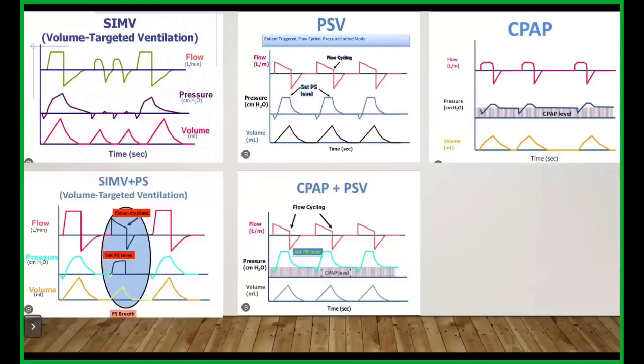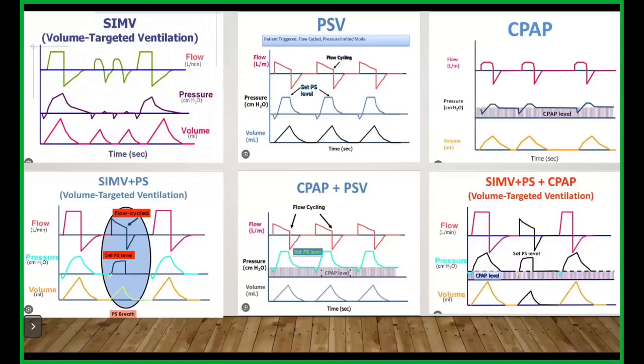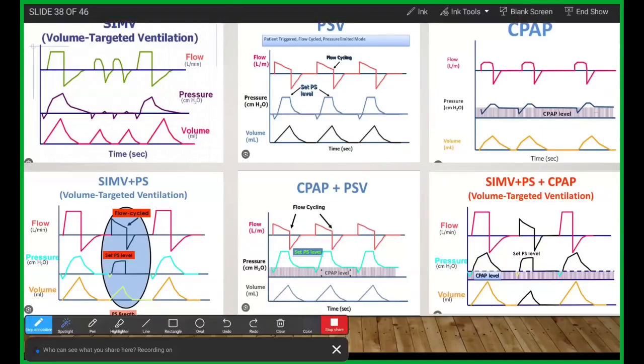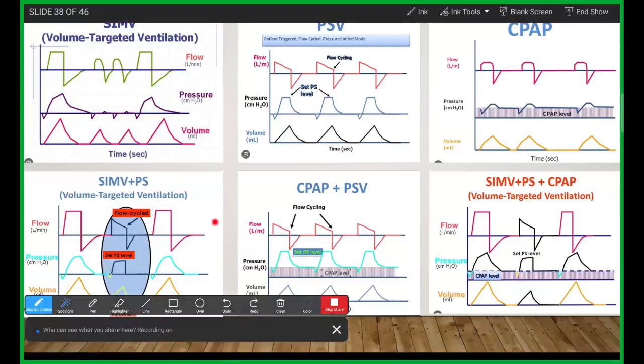SIMV plus PS, CPAP plus pressure support, and SIMV plus pressure support plus CPAP. See? What I said in SIMV mode, you will have a mandatory breath between which you have a spontaneous breath. In combination mode, these spontaneous breaths will be pressure supported. That is the difference between your SIMV mode and your SIMV plus pressure support ventilation.